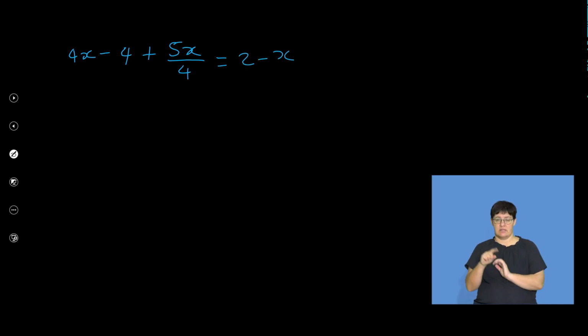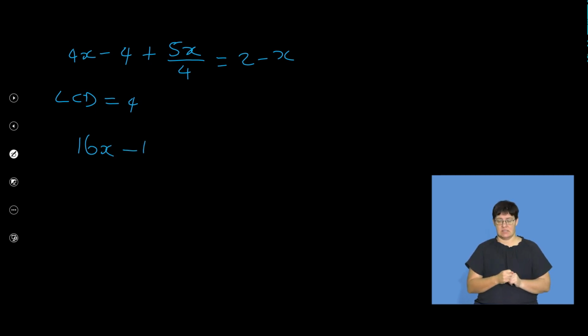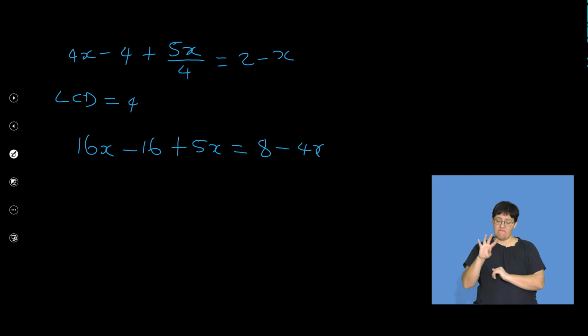So far I have 4x minus 4 plus 5x over 4 equals 2 minus x, right? Then my LCD here will be 4. If I multiply everything by 4, I will get 16x minus 16 plus 5x equals 8 minus 4x.